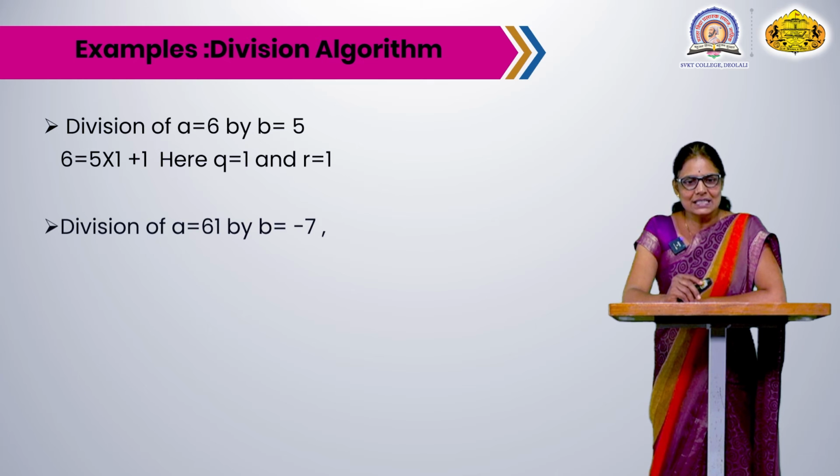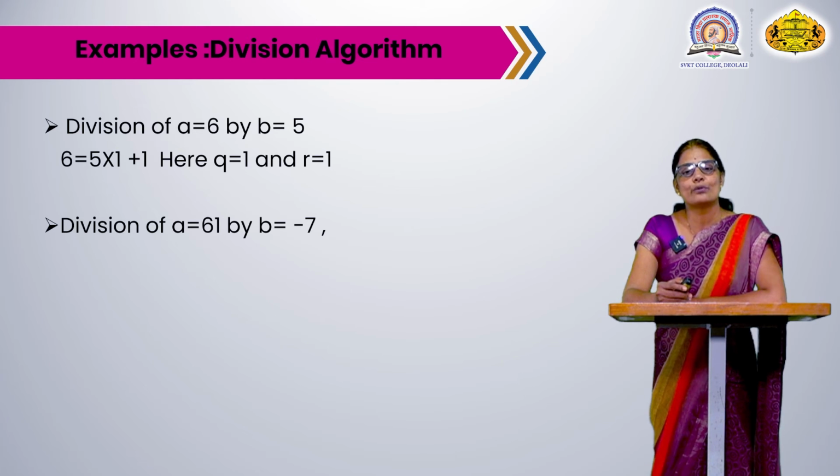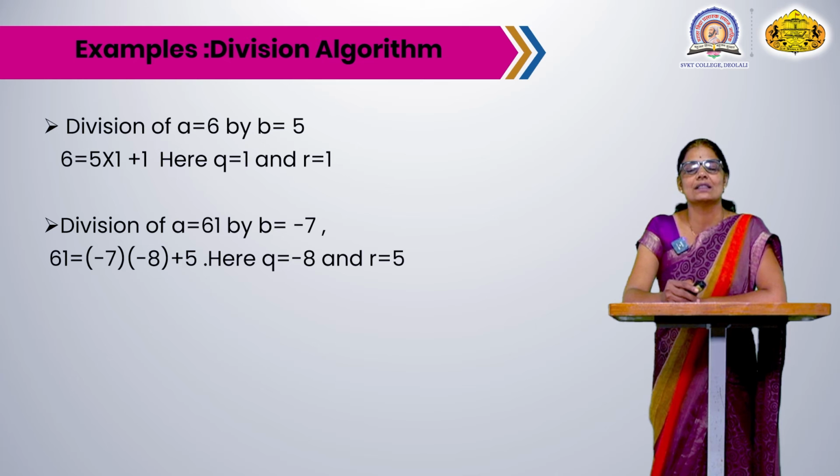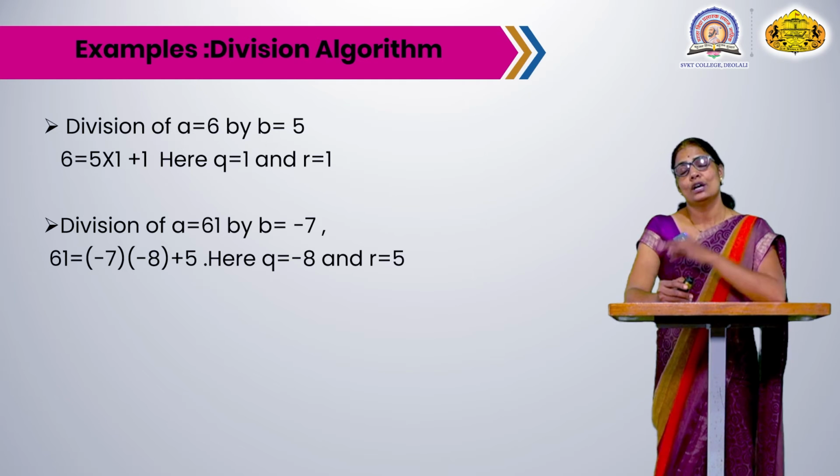Let us try the same thing with the integers 61 and minus 7. That is, find the remainder and quotient where a is 61 and b is minus 7. We know that 7 eights are 56. Since we express in terms of minus 7, we can write 61 equals minus 7 into minus 8 plus 5, where q is minus 8 and r is 5.